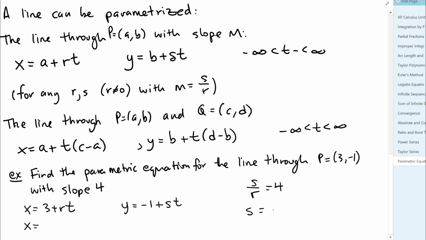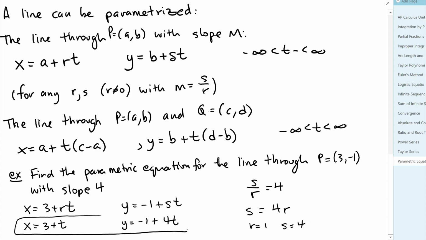So s is equal to 4r. And now you can just pick a value for r. So if I pick r as 1, then I automatically know that s is 4. So then I can go here and say that's 1t, and this is y equals -1 plus 4t. And so I now have equations for the x and the y, so I can summarize that my parametric equation is 3 plus t, comma, -1 plus 4t.